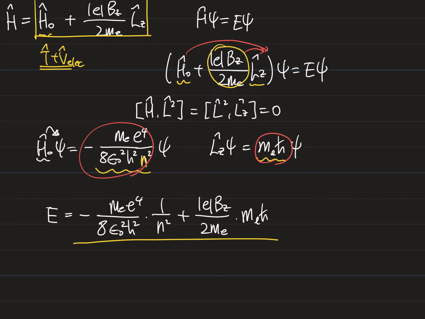So now we have two quantum number dependencies, n and m sub l. So n is 1, 2, 3, a positive integer, and m sub l, that should be something like this.